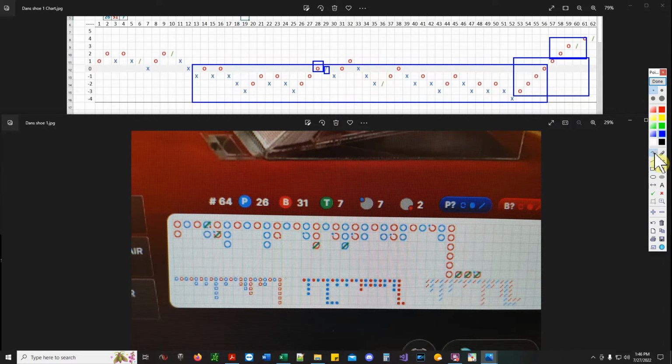So let's do it like this. That's a tie bet. There's a player right there. You're betting one. You win that bet. Next hand, you bet player. That's a 2. You lose that bet.